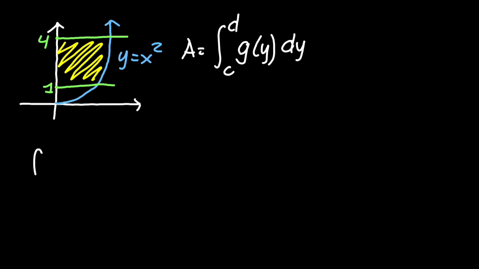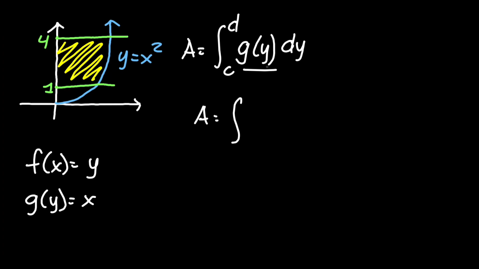Keep in mind that f of x is equal to y, and so g of y would be equal to the value of x. And so, g of y right here is equal to x, but what we have here is the curve of y equals x squared. So, in order to get x, we must take the square root of both sides. So, x right here would be equal to the square root of y.